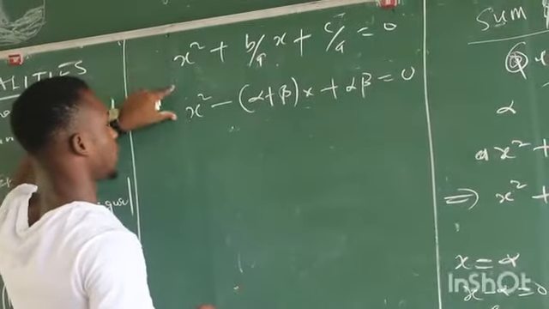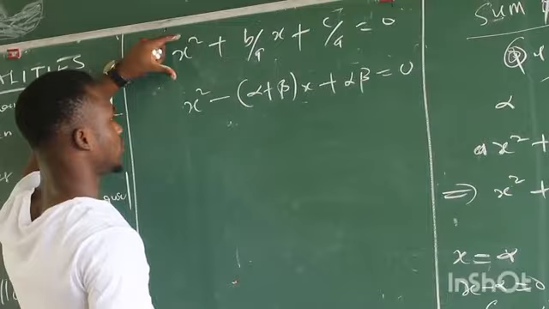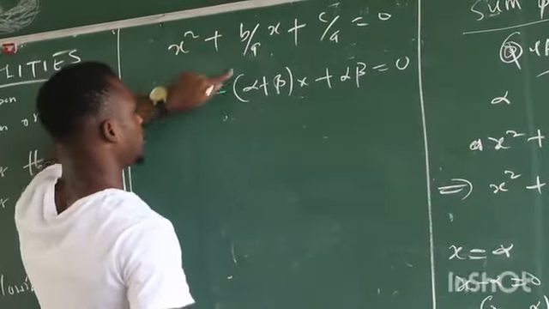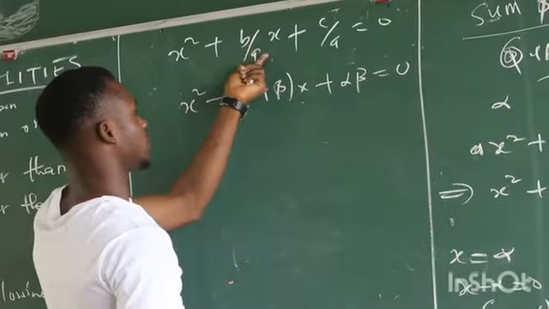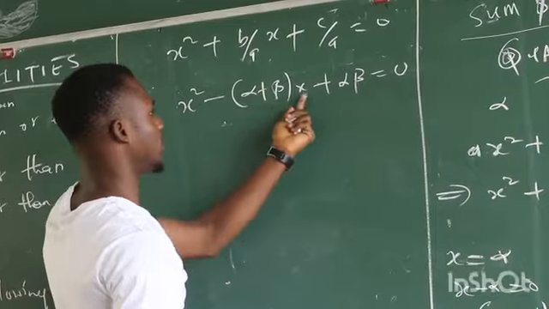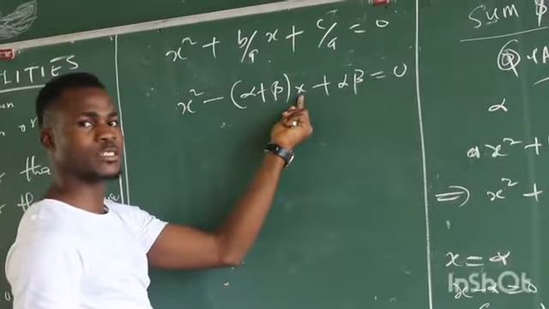So here their coefficients are 1, 1, so that satisfies the equation. There we have b over a as the coefficient for x, and here we have minus (alpha plus beta), having this as the coefficient of x.